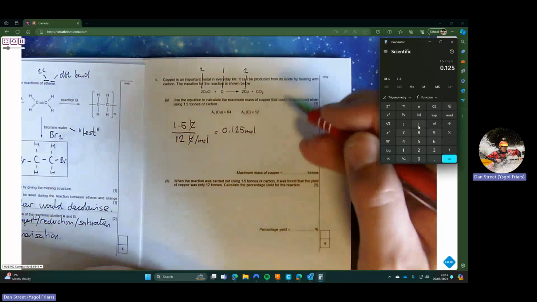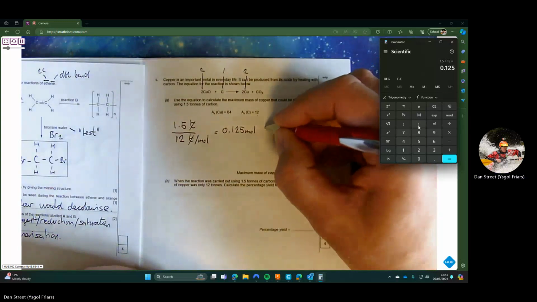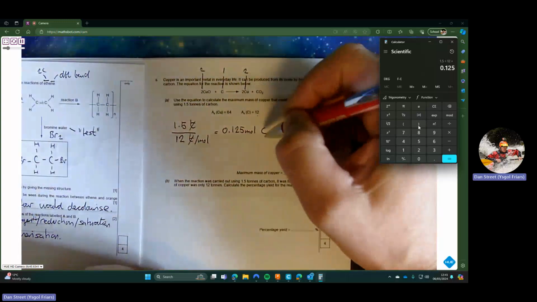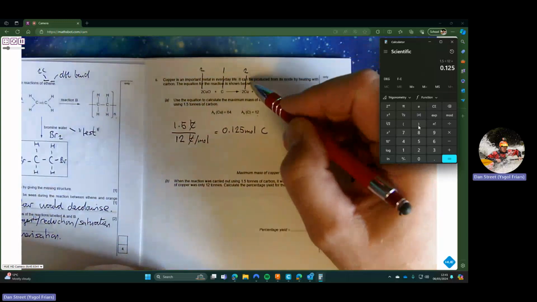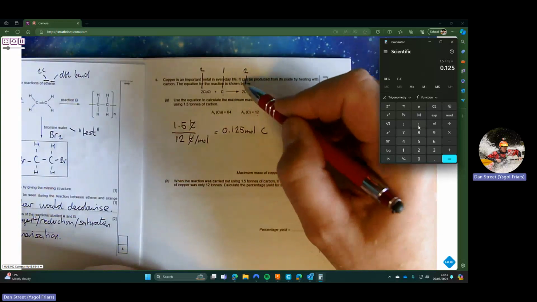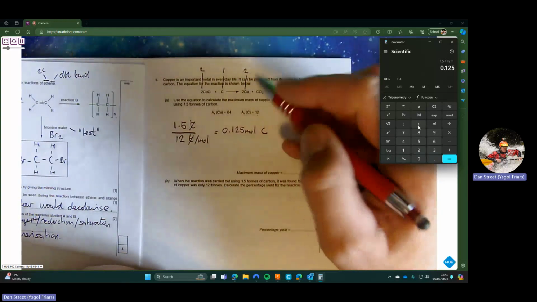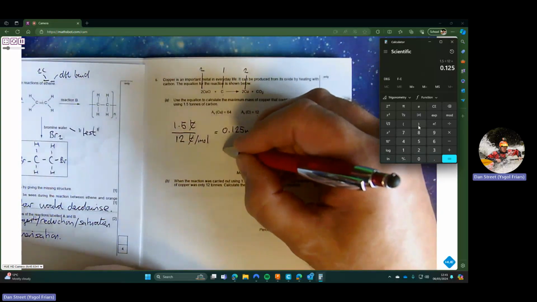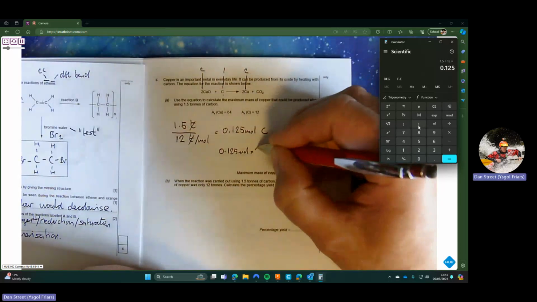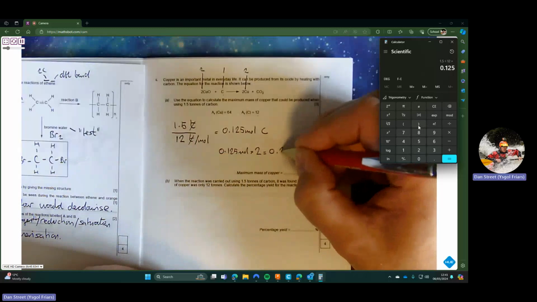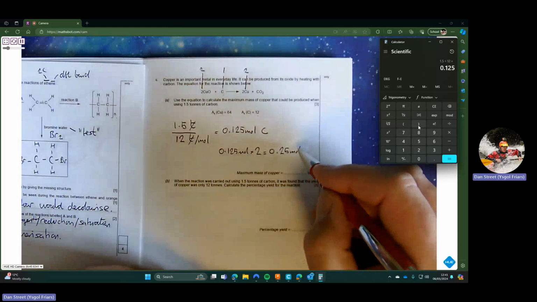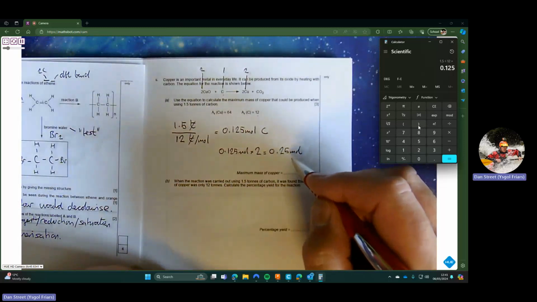So if we've got 0.125 moles of carbon, then from the equation we need to double that, because for every single mole of carbon we use, we make 2 moles of copper according to the equation. So 0.125 moles times 2 equals 0.25 moles of copper, but we don't want to know the number of moles of copper, we want to know the number of tons.